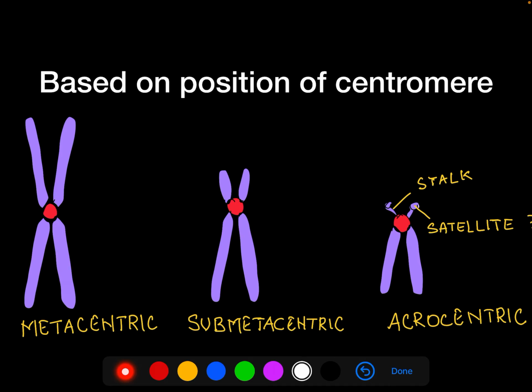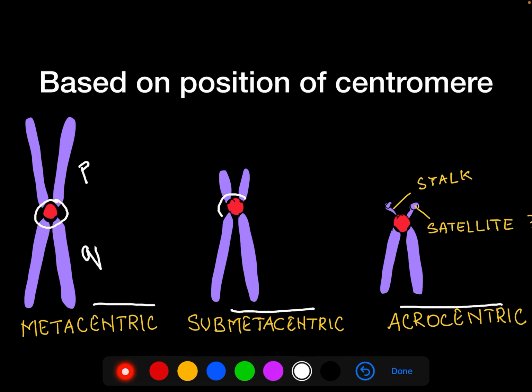Based on the position of the centromere, we can classify the chromosomes into three types: metacentric, submetacentric and acrocentric chromosomes. In the metacentric chromosome, the centromere is located exactly in the middle, so the P and Q arms are of equal length.